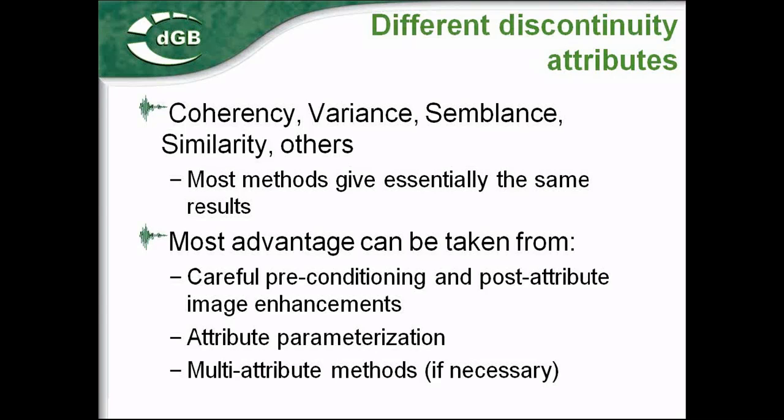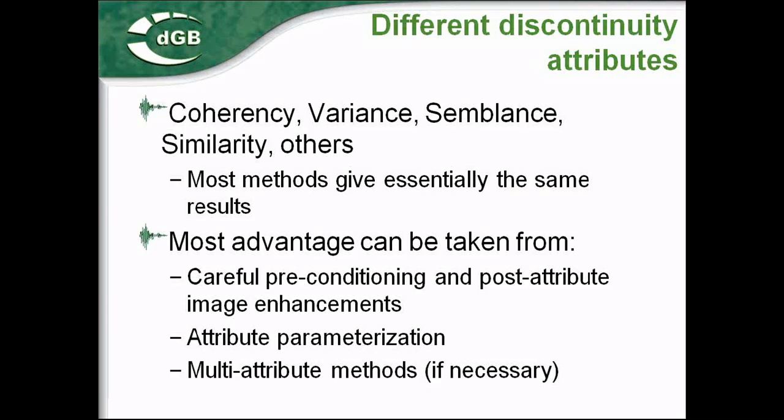So in literature and in different software products, there are a number of different discontinuity attributes available under different names: coherency, variance, semblance, in OpendTect, Similarity, and there are some others too. In my experience, both from comparisons I have seen as well as literature, I would say most methods give essentially the same results. There are some differences in details, which I will mention later.